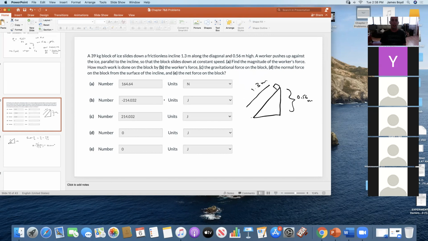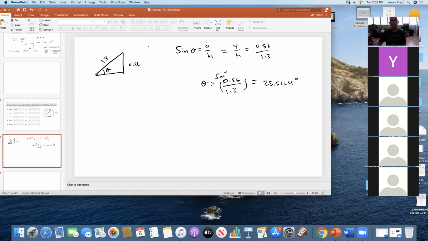But we were asked to find the magnitude of the worker's force. So the worker is pushing that way so that this thing comes down. And we know that for this block, it has the weight component mg sine theta, and it has the force due to the worker. I don't care about any of this other stuff. This is frictionless. So doing Newton's equations again, ma is, I'm going to go this way.